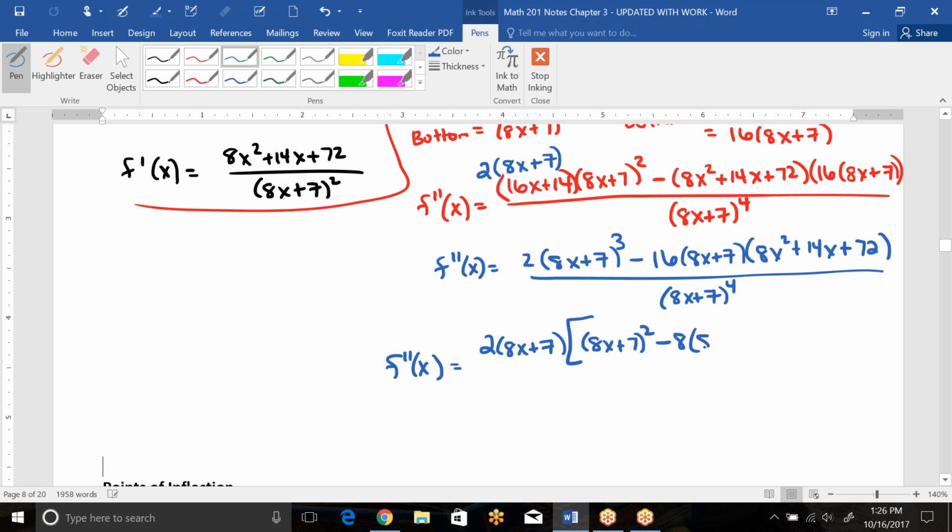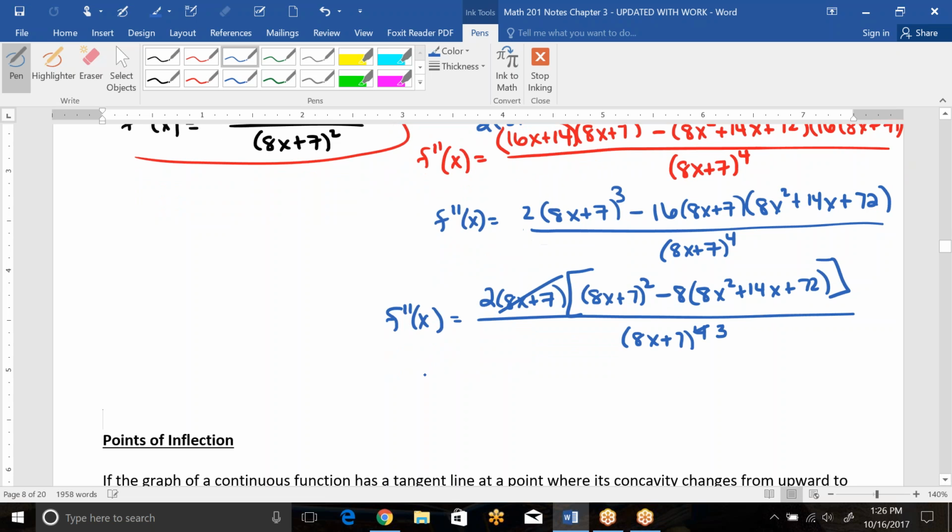And then we would have the 8x squared plus 14x plus 72 all over the 8x plus 7 to the 4th. We need to clean up what's inside here, but we also can cancel out one of these with one of those. So that makes life a little bit easier. So see, this one's really, really hard, something we normally wouldn't put on a testing situation.